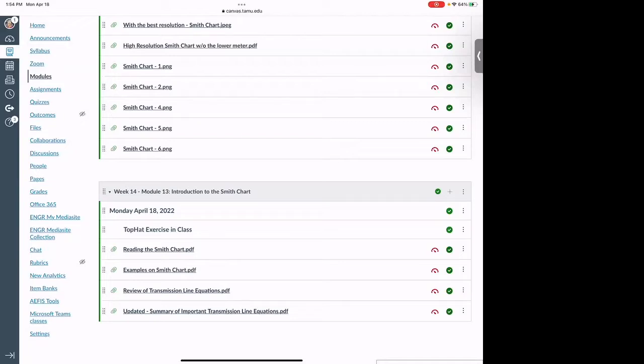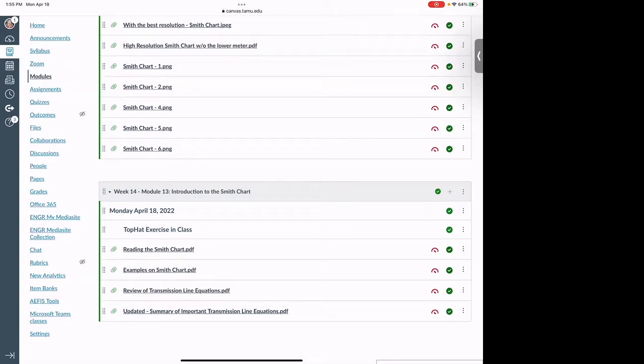I will use them from one module to another, because as we add equations, we are going to put them in the same documents, and then you have them available when you do your homework, anything else you study, and then the finals.